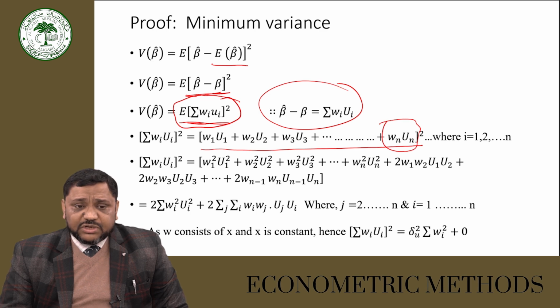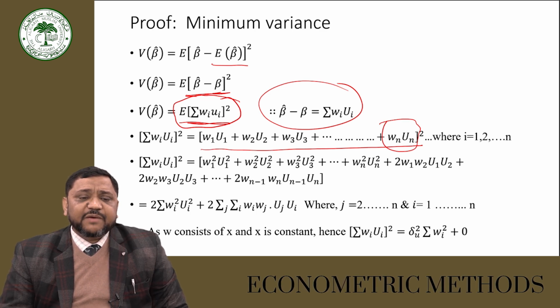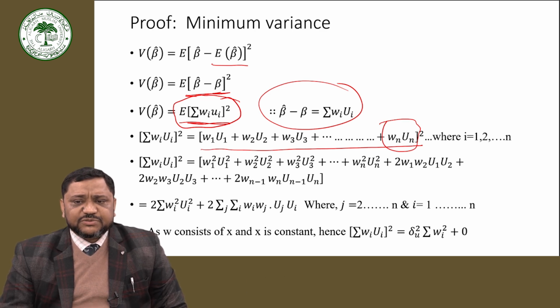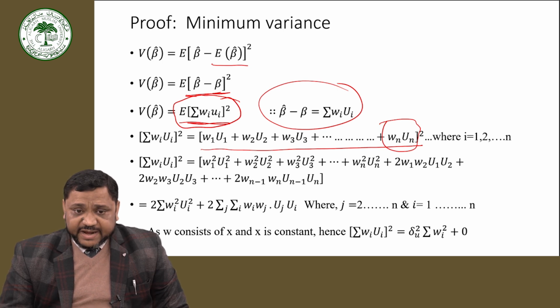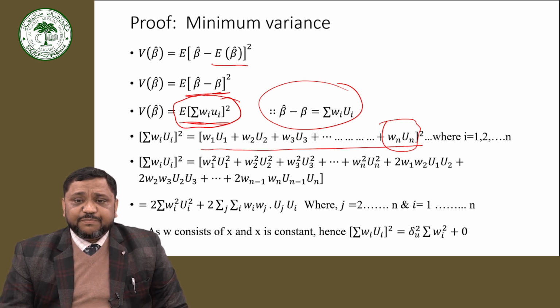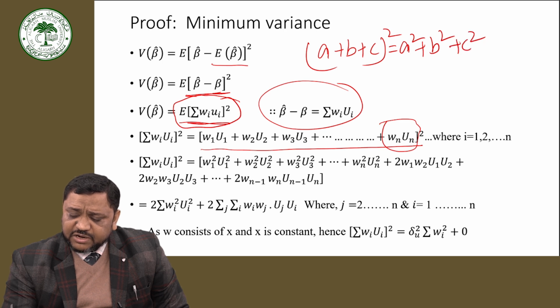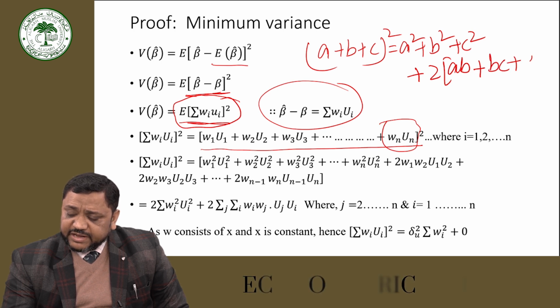Now we can use the basic formula of a plus b plus c whole square, which is equal to a square plus b square plus c square plus 2 bracket open ab plus bc plus ca.